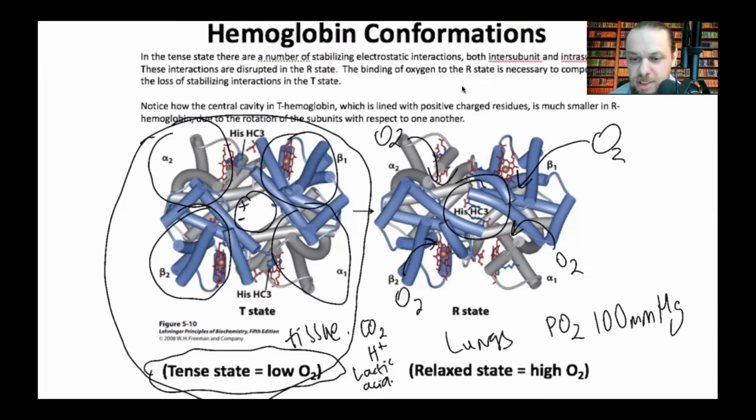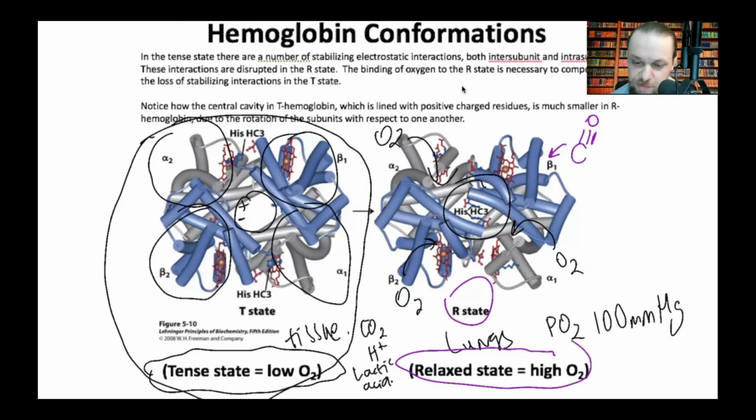Let me just draw one carbon monoxide molecule here. If carbon monoxide binds on one side, it switches the conformation to the relaxed state. Even when this gets to the tissues, it will maintain this R state, the relaxed state, and even though it's loaded with oxygen, it will not want to give it off.